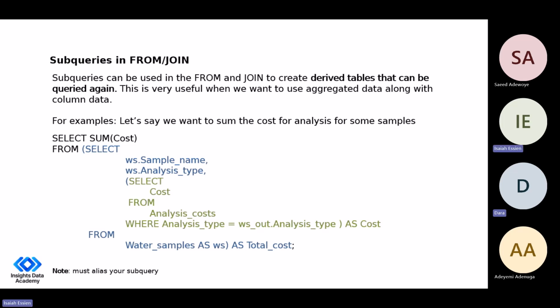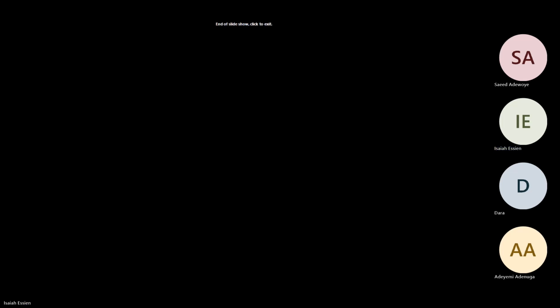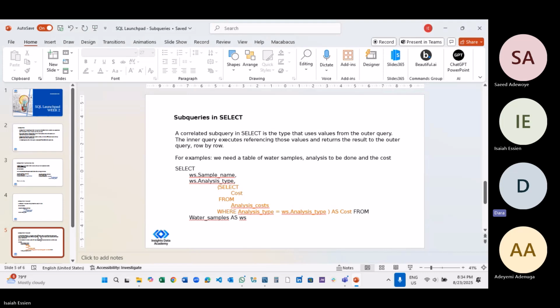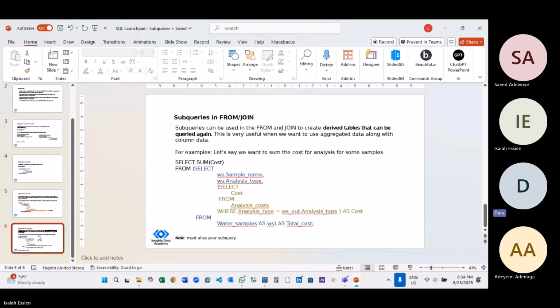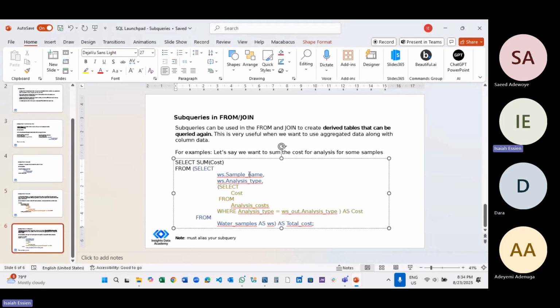Or you can use camel case. Do you know what camel case is? No. So in camel case, sample will be in small letter. Let me escape from here and show you this. For example, if I want to write this in camel case, I just write it like this.